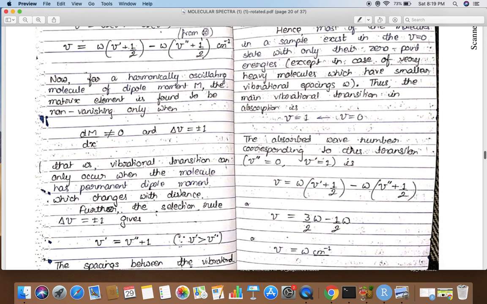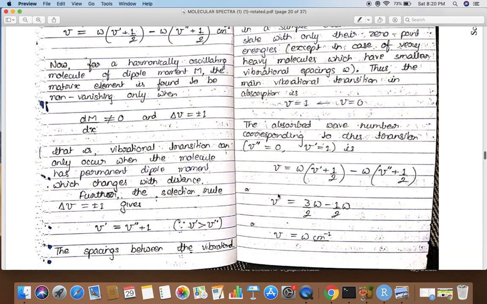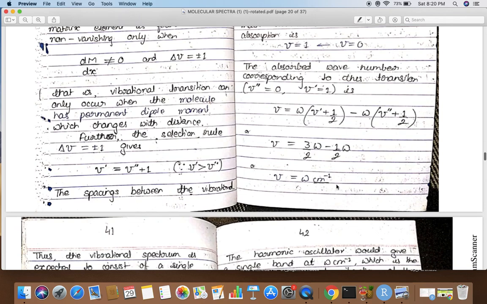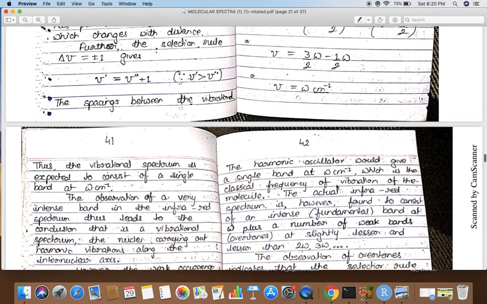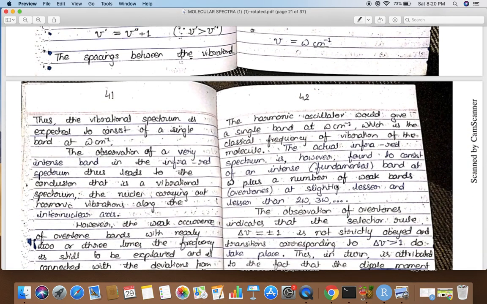The absorbed wave number corresponding to this transition, with ν' equal to 0 to ν' equal to 1, is simply ν equal to ω cm⁻¹. That is the wave number. Thus the vibrational spectrum is expected to consist of a single band at ω cm⁻¹.